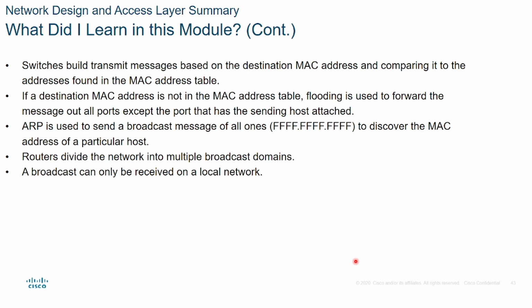And if the destination MAC address is not in the MAC address table, flooding is used to forward the message out all ports except the port the sending host is attached to. Then Address Resolution Protocol is used to send a broadcast message of all ones to discover the MAC address of a particular host. Routers divide the network into multiple broadcast domains, so a broadcast can only be received on a local network.